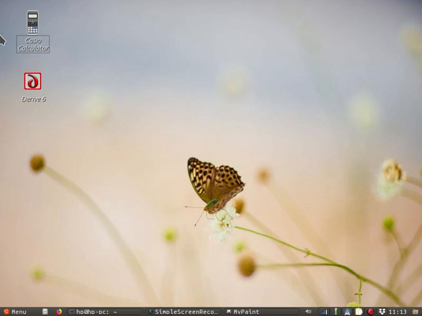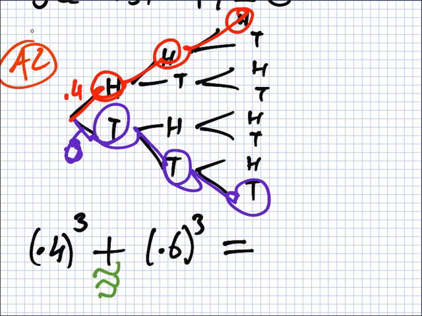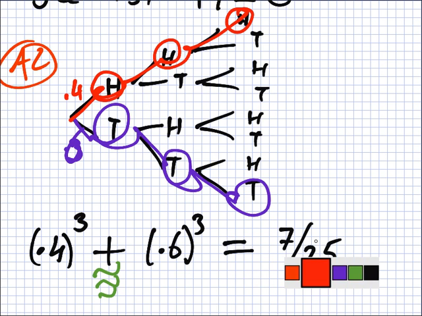Let's open up the calculator here. What is it? 7 over 25? Okay.